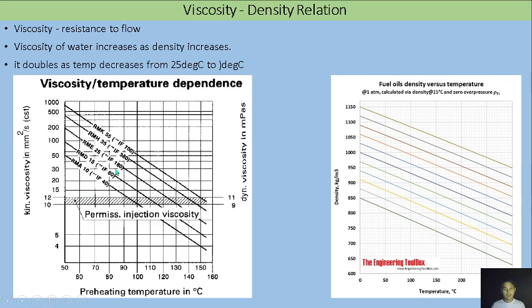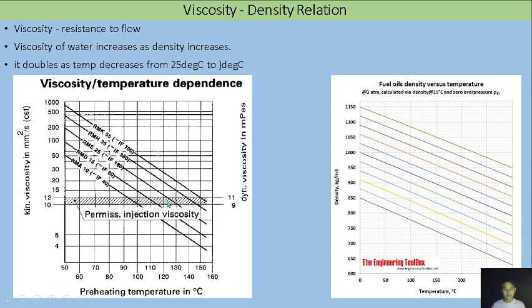Okay, so if ever you have different types of fuel, of course, so if ever you will be using the IFO 380 or HFO, heavy fuel oil 380, you should be having a temperature of around 130 plus, let's say, 138 degrees up to 145 degrees to maintain the injection viscosity of 10 to 12 centistoke.